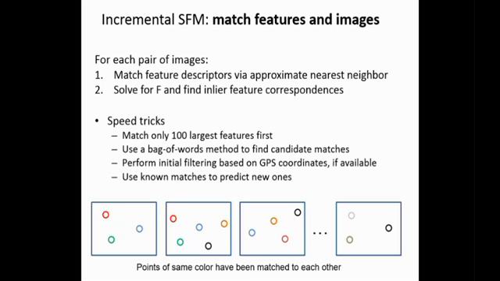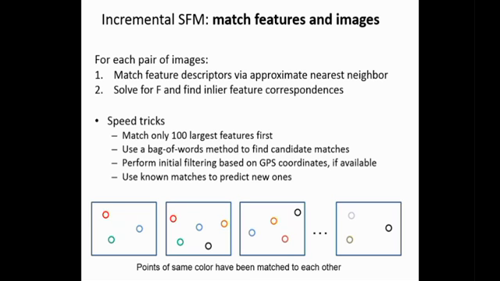One thing that was proposed by Wu in VisualSFM is that you only match the largest SIFT points first. By largest, I mean that they have the highest scale. And he found that usually if images match, then the large key points will match more reliably because they're less sensitive to noise, since they're lower resolution.